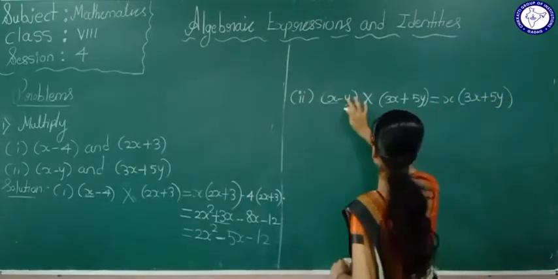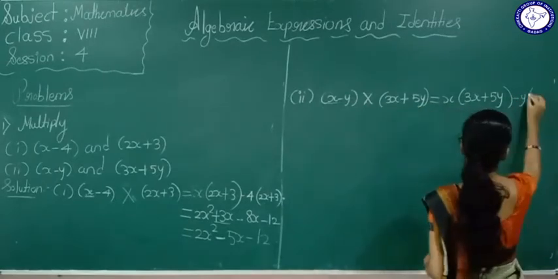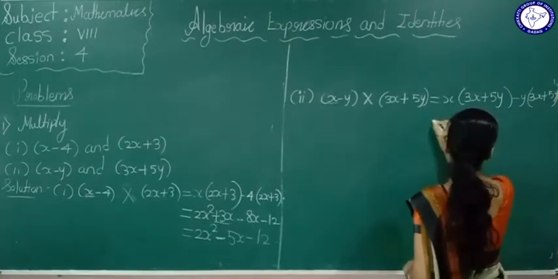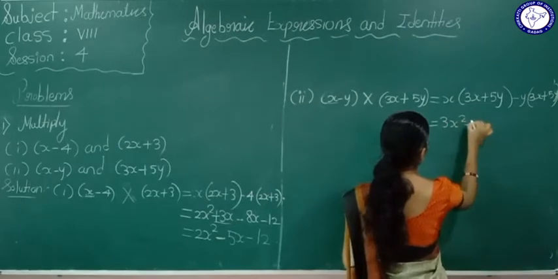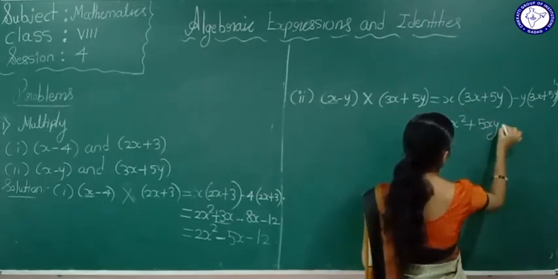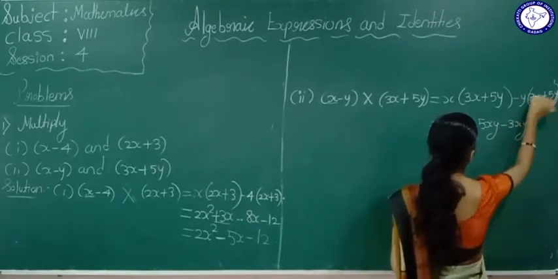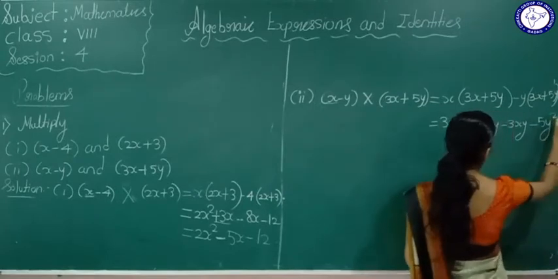Okay, the minus y is there, minus y multiplied by 3x plus 5y. Okay, now what it will become, x into 3x is 3x square plus 5y into x is 5xy minus 3x into y is 3xy plus minus is minus 5y into y is 5y square.